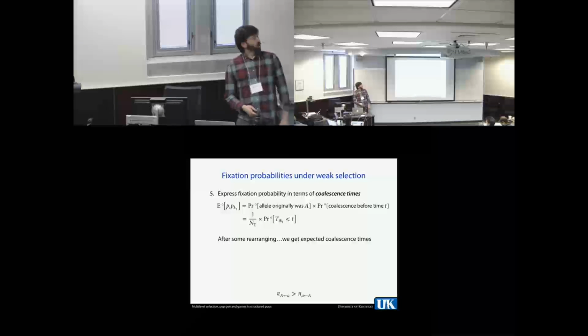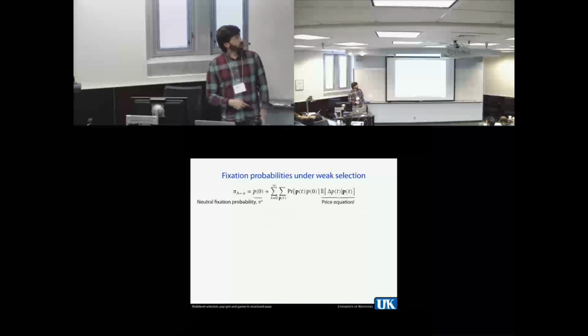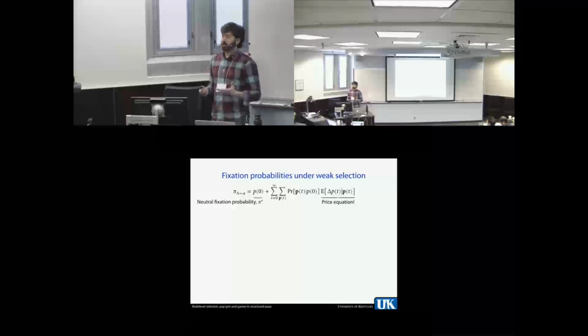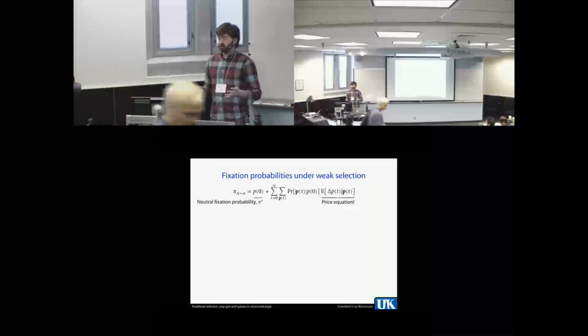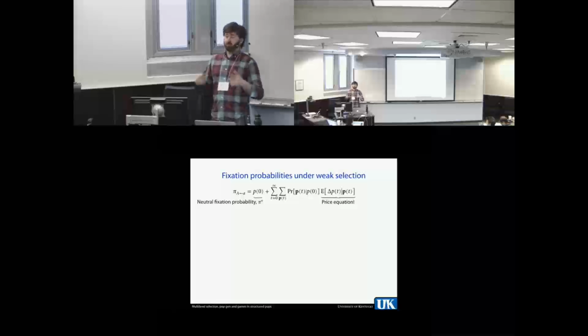I guess what I would say is, when we started this, the whole goal here was to calculate an expression for fixation probability, and it turns out that in calculating that expression, you end up with expected coalescence times, and there are ways to convert those back into things like probabilities of identity by descent, which are a little bit easier to get a handle on.